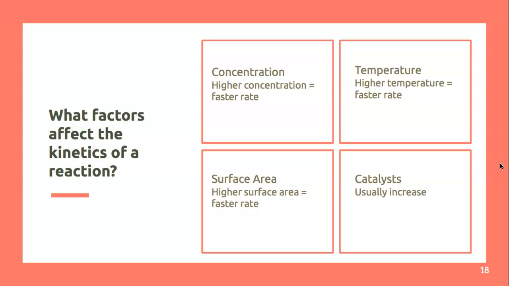If you're running a reaction under pressure, that can certainly influence the rate of reaction as well. So it's important to think about all the factors that can affect the kinetics of a reaction, because if you're conducting your own research or if you're asking questions, these are all factors that you need to consider for your reactions.